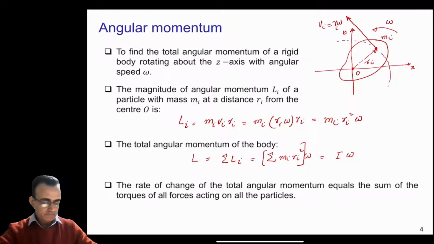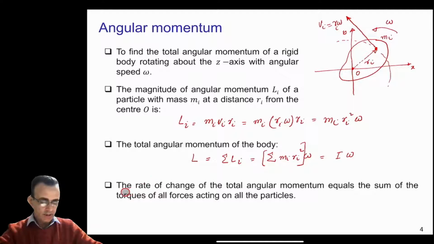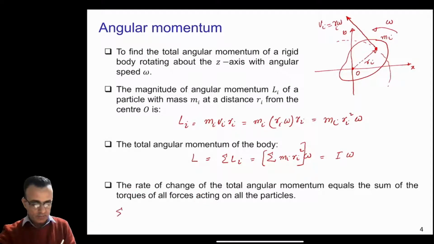Now we can also introduce Newton's second law in terms of the angular momentum. As we already know from the linear case, in linear motion the summation of all the forces is equal to dg by dt, where g was the linear momentum.